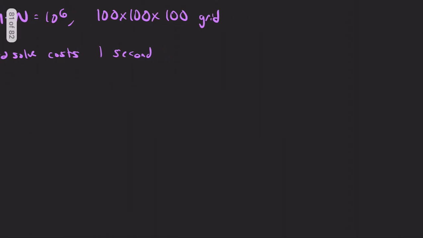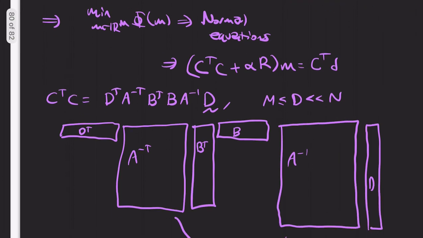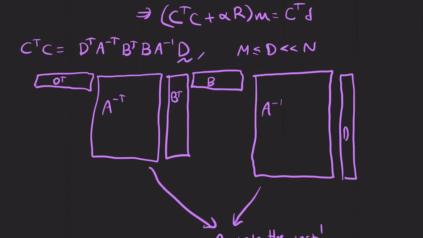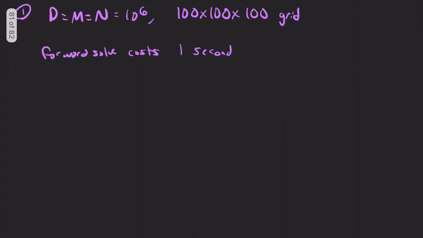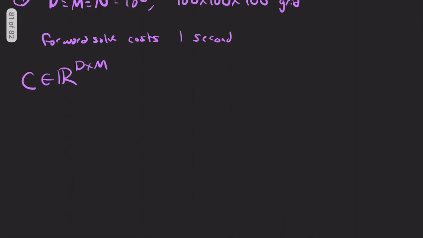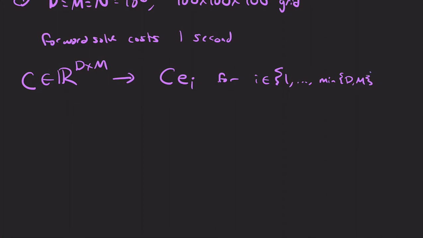Now, to form the Hessian, to form C transpose C, well, actually, to form C in D by M, you need to compute C acting on e_i for i from 1 to the min of D and M. Why the minimum?